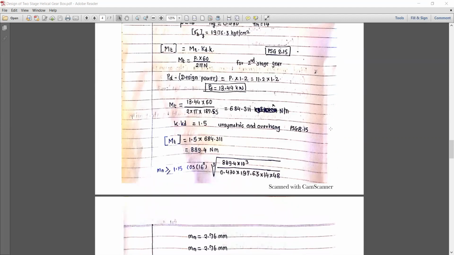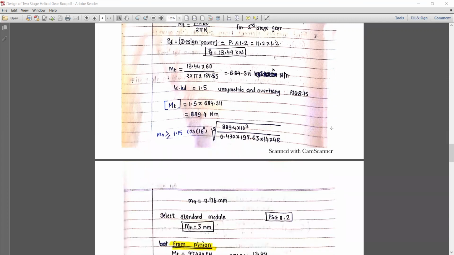So value of MT is equal to 889.4 Newton meter. You can convert this value into Newton mm also, so that you can get the final value of normal module in mm. Okay, so we convert that, multiplied by 10 raised to 3.